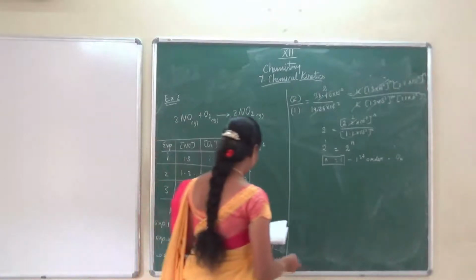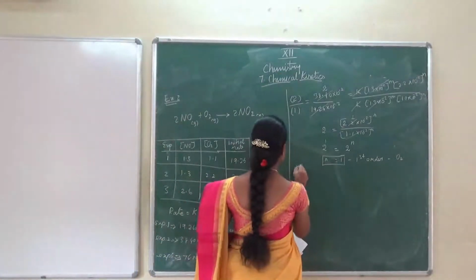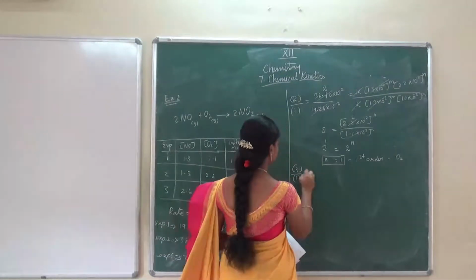Next, let me divide equation 3 by 1 in order to get the M value.